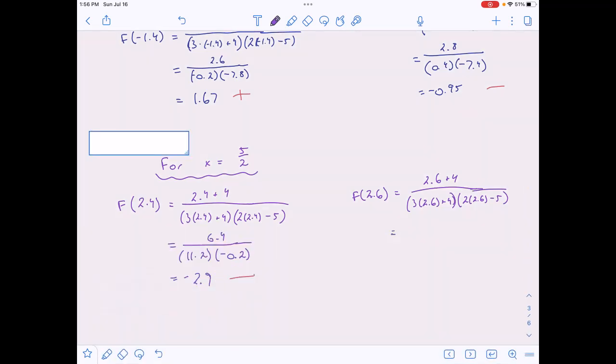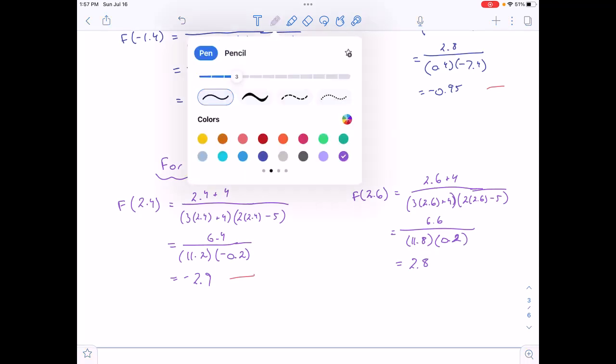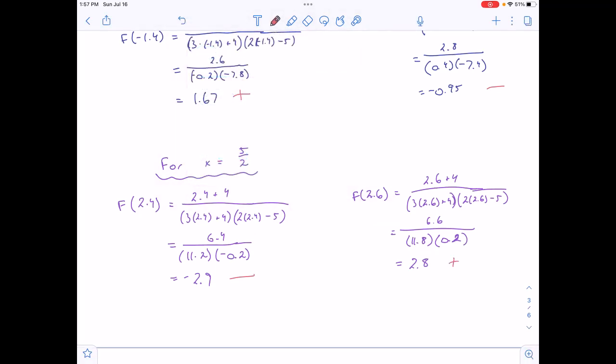That's going to be 6.6. 3 times 2.6 plus 4 is 11.8. 2 times 2.6 minus 5 is 0.2. This will end up being positive. We will just finish off with the division though. This is about 2.8, so this guy goes positive.